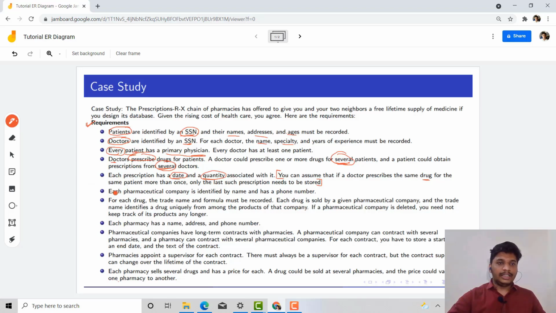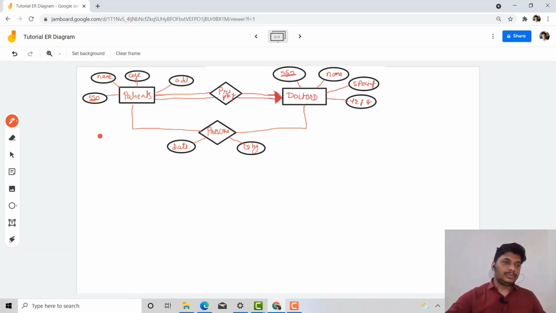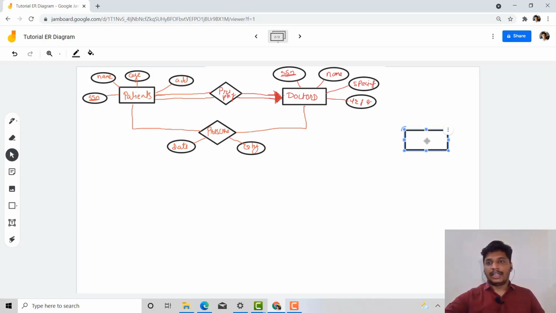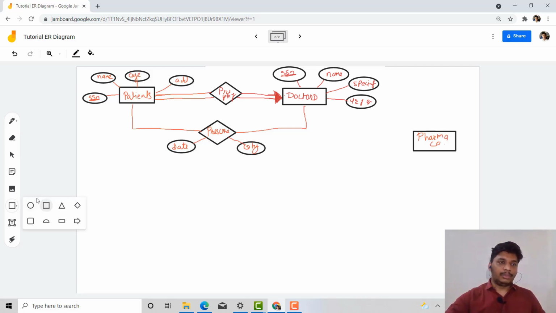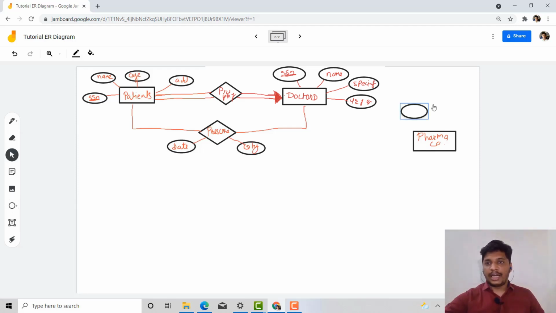Now here each pharmaceutical company is identified by name and has a phone number. So one more entity here, that is pharmaceutical company, and it is identified by name and has a phone number. So let us draw one more rectangle here, that is pharmaceutical company, and it is having two attributes, that is name and phone number, right?